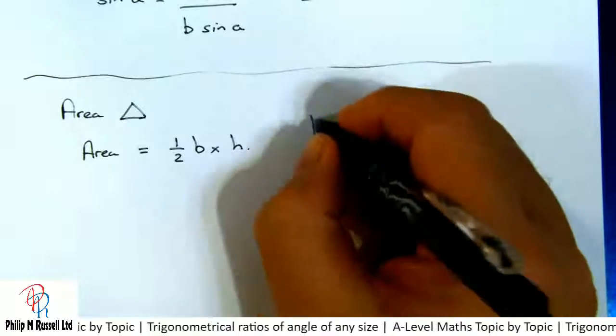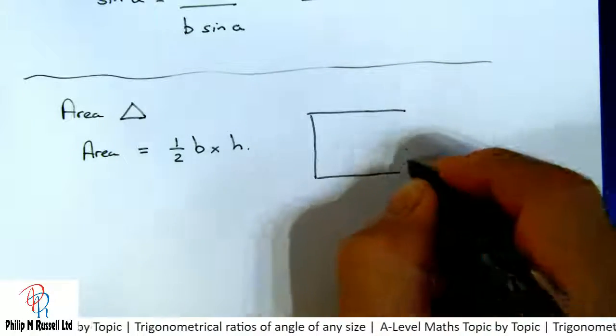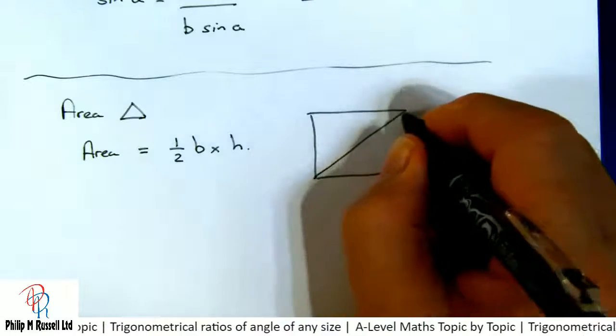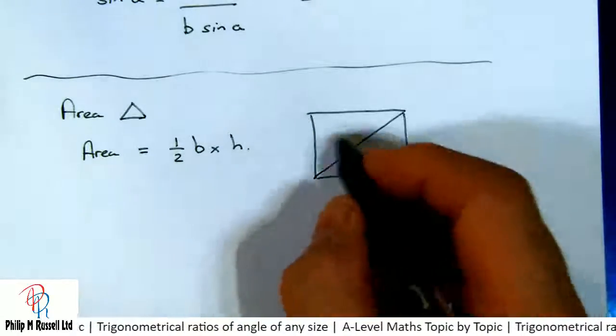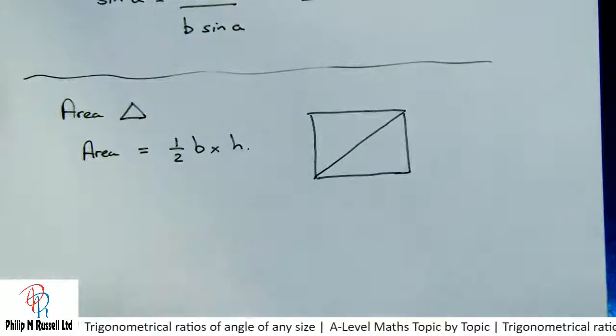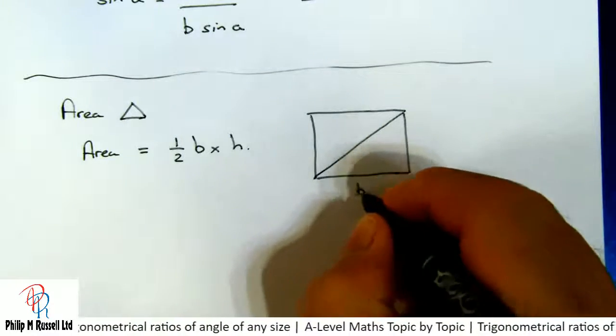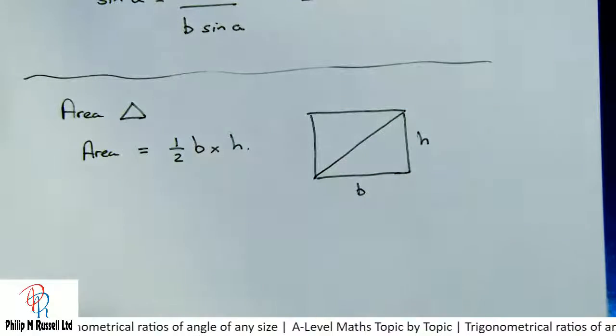And that is simply because if we take any rectangle, turn it into a triangle, it's going to be half the area of this rectangle, which is going to be our base times our height.